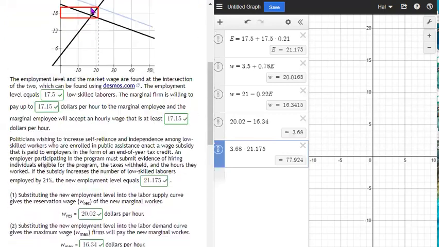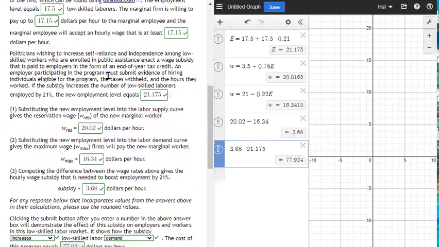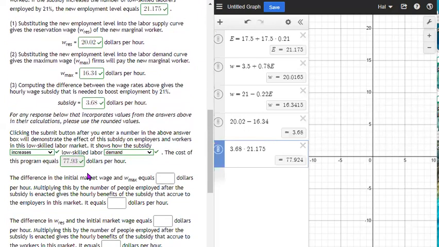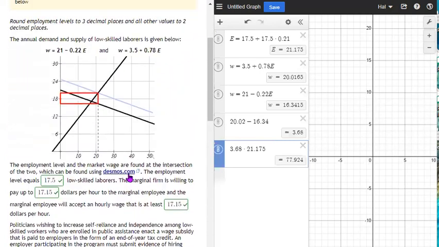So there, this red rectangle is $77.93, right? Now, what we want to do is calculate how much the employer gets versus how much the employee gets, right? Because that's important. We want to know how much the employee benefits versus the employer. We always want to look at who benefits the most from this program, correct?